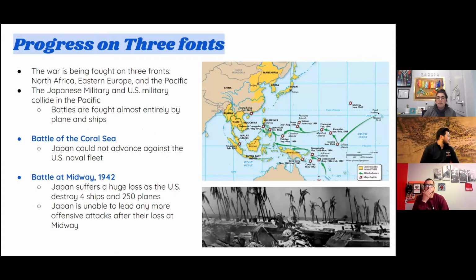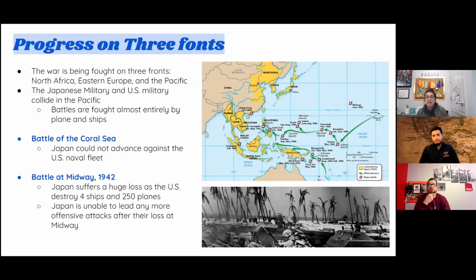You can see on the map here how they have a majority of the Southern Pacific islands. You'll see that all in the yellow is the territories that have been taken over by the Japanese during the Axis powers' aggressions. You'll notice that the green arrows are the movements of the Allied powers, primarily the Americans and the British, who are trying to take territory back.